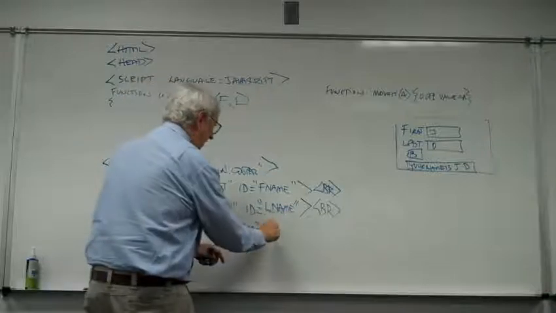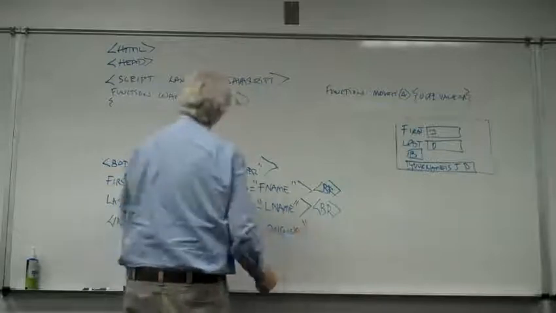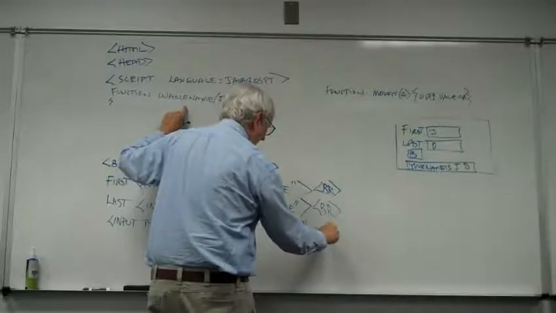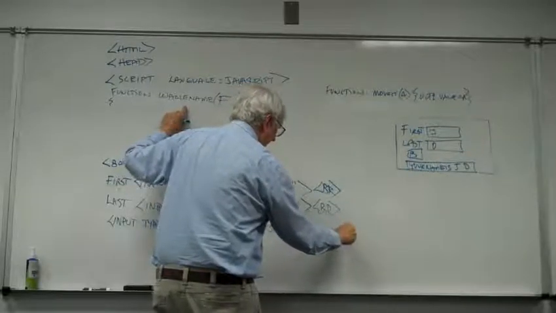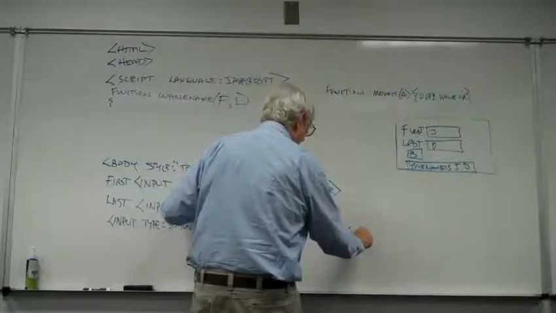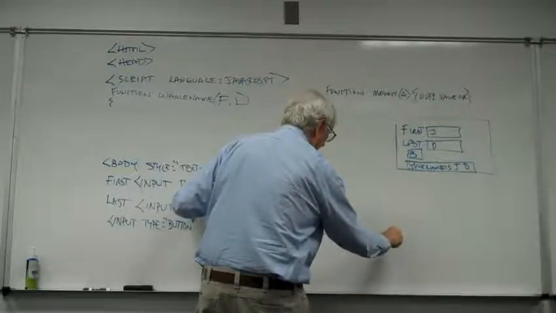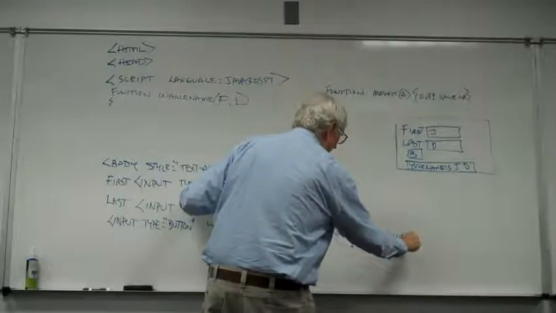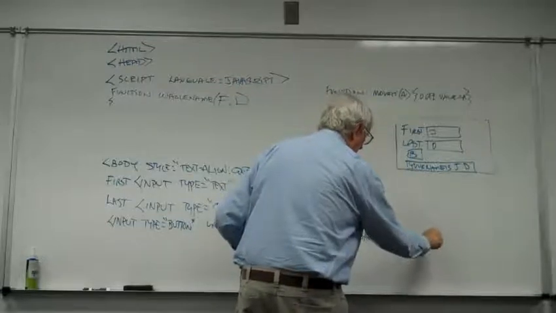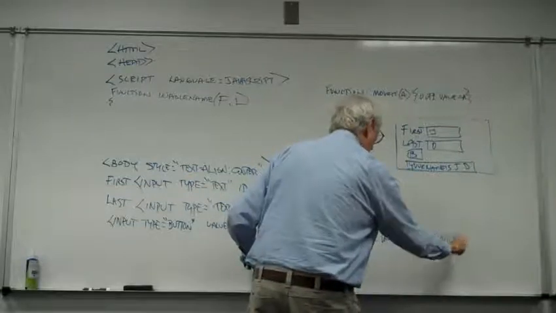Okay, and then onclick equals quote, I call this thing wholename, and I send the first name, which is fname.value, comma, and the lname.value, close quote.